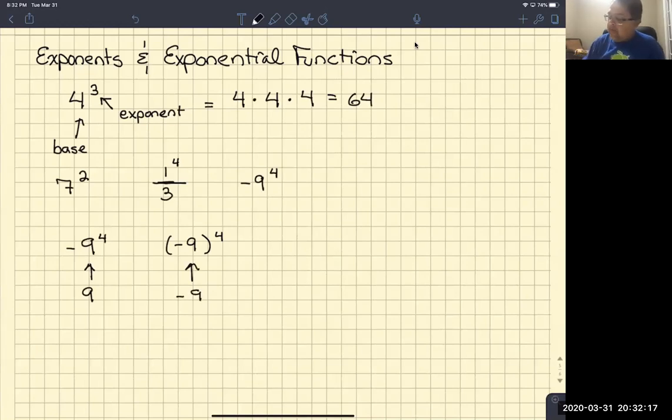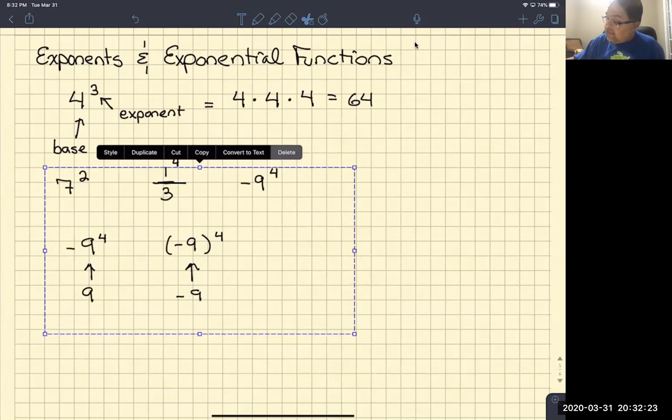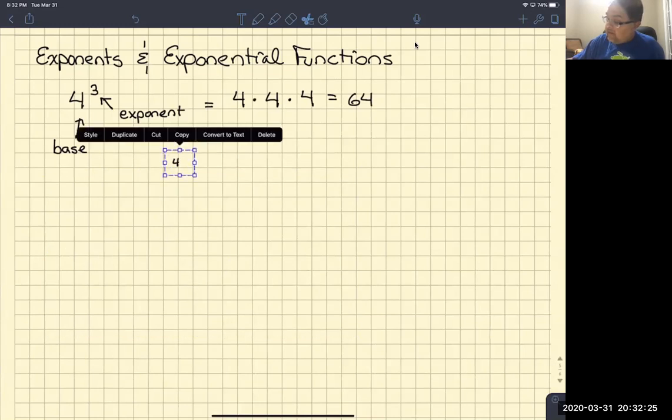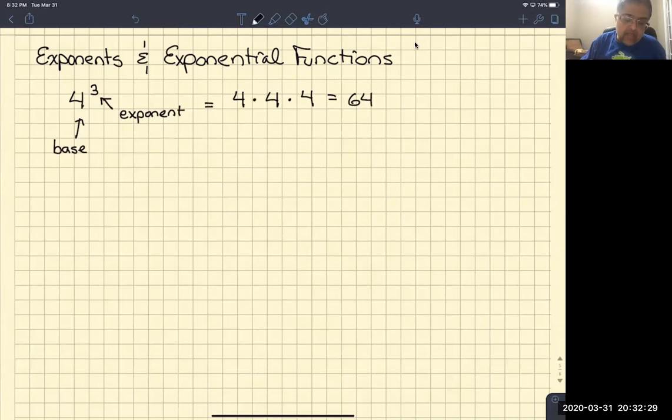Now, why is this important? Well, whenever you raise a negative number to an even exponent, the negative goes away. So for example, in this case, the base is -2, and I'm asked to multiply -2 to itself 4 times.